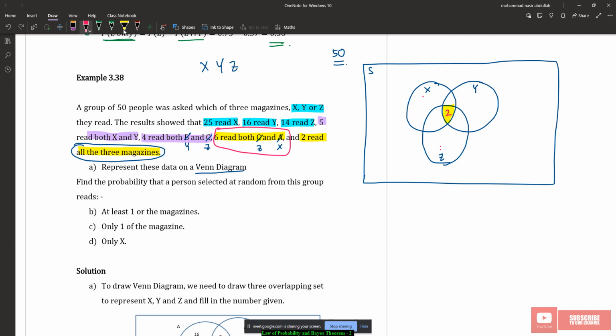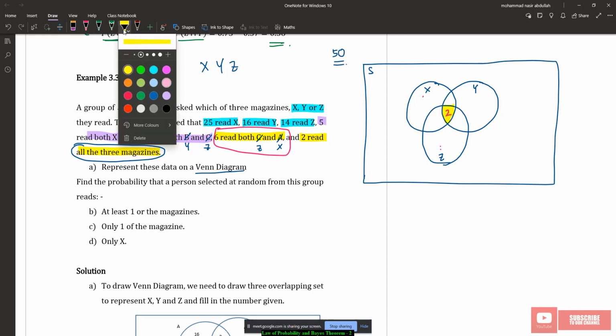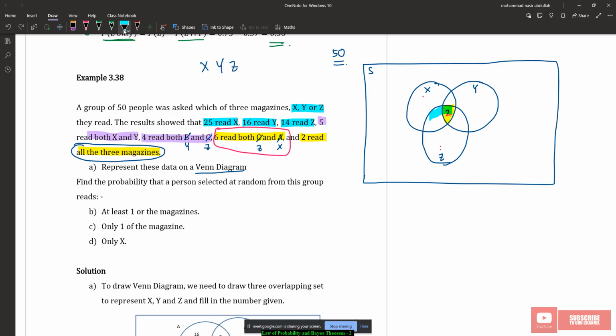So 6 are reading X and Z. So 6 dekat sini kita color dulu. So bagi nampak color dia. So this is what we call the intersection between Z and X. So ada 6 orang.